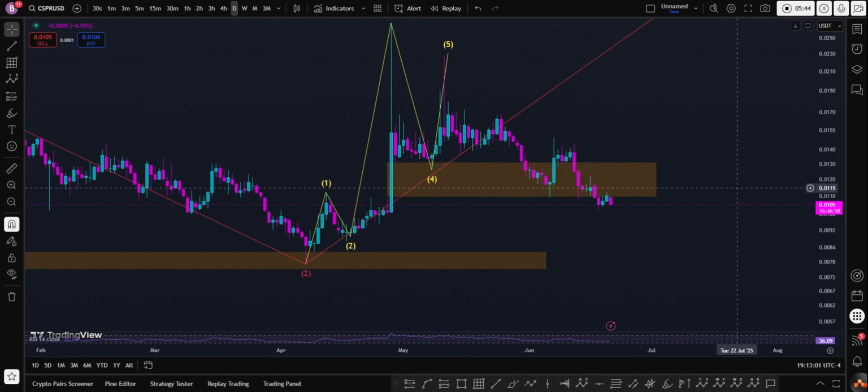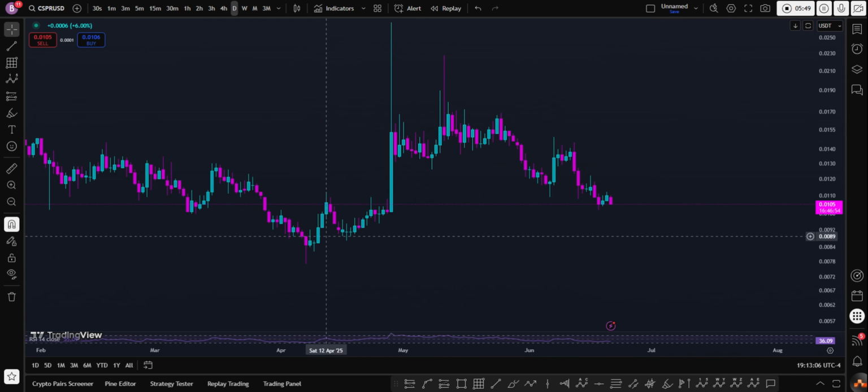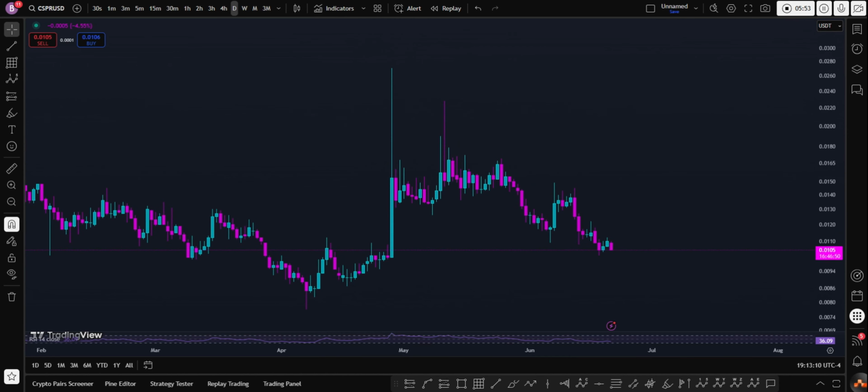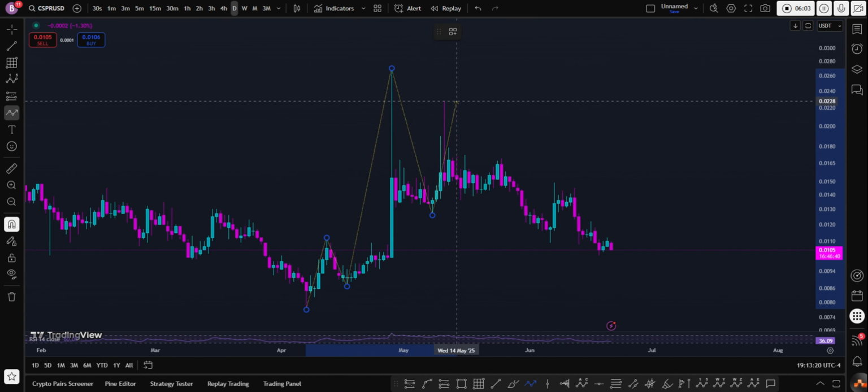So like in this scenario, let me just show you quickly. You can see that this pump that we had, the price still gave you another chance. If you are trading the Elliott wave, you could have seen a 1, a 2, a 3, a 4, and a 5. Why is this a 4?